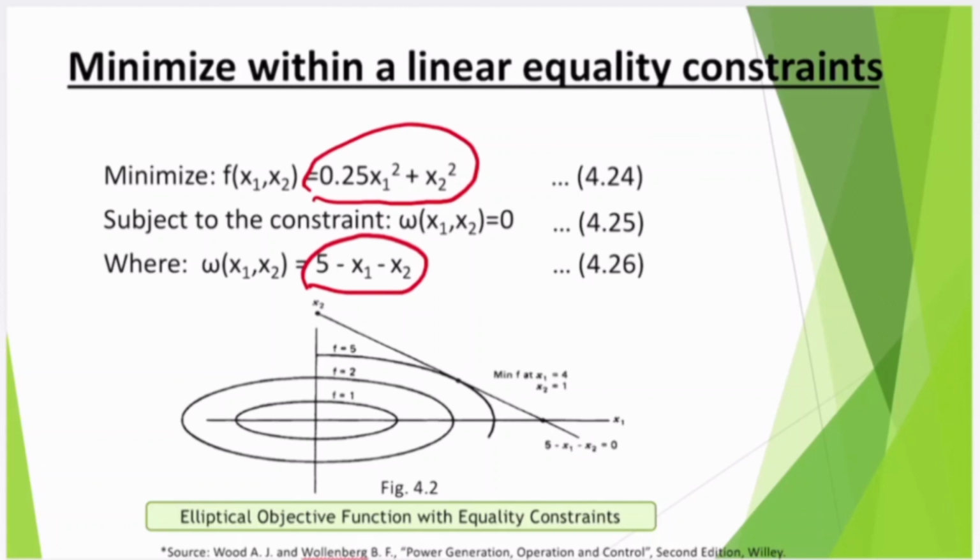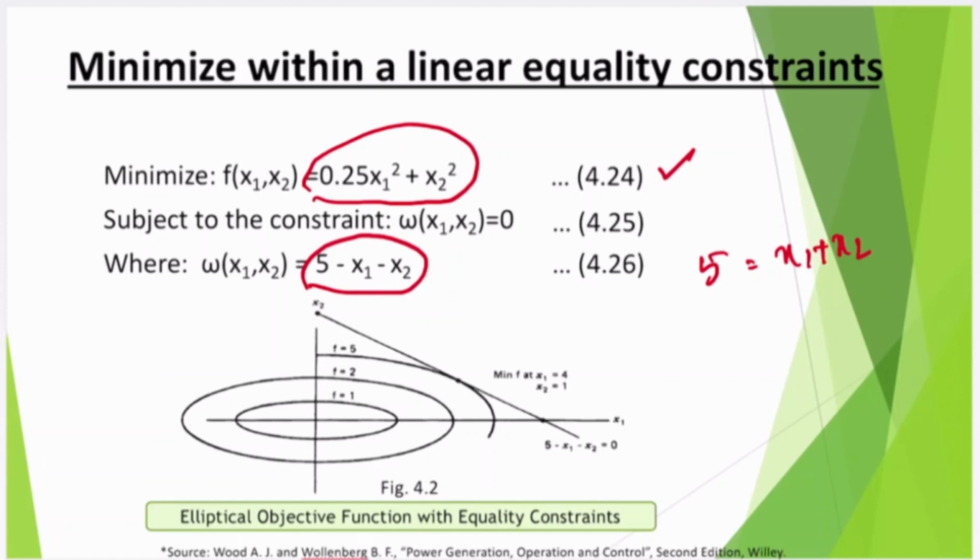Means if I rewrite it, this is nothing but 5 equal to x1 plus x2. So the condition is that you optimize the original equation 4.24 subject to x1 plus x2 always being 5. So it could be 4 plus 1, 3 plus 2, 2 plus 3, 4 plus 1 and 5 plus 0. Any option is available.